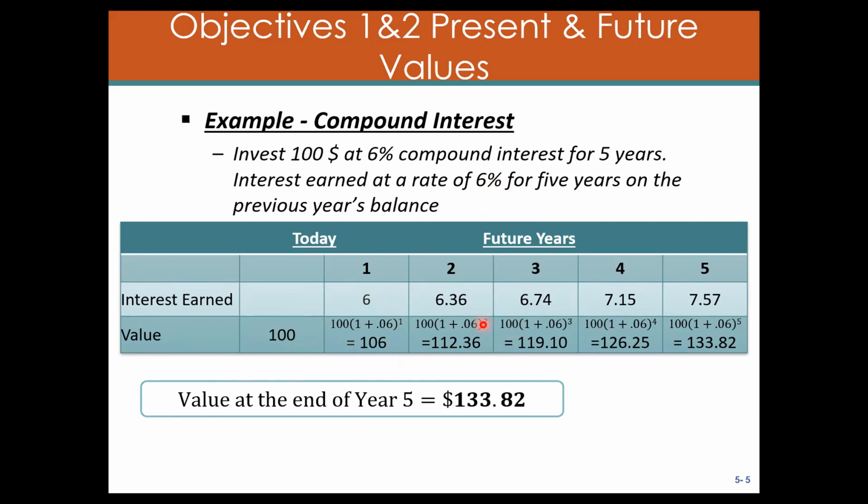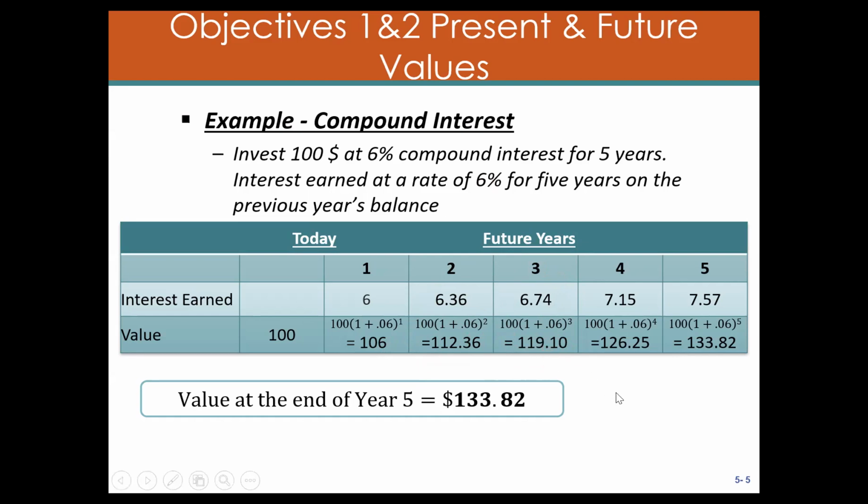And I square it, cube it, to the power 4, to the power 5, at the end of every year. So next year, I start earning interest on $106. So now my total value becomes $112.36. Then in the third year, I start earning interest on $112.36. So now my total value becomes $119.